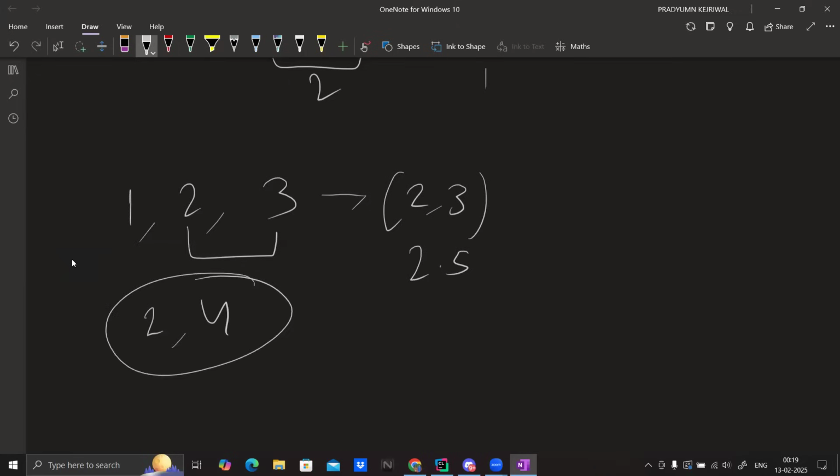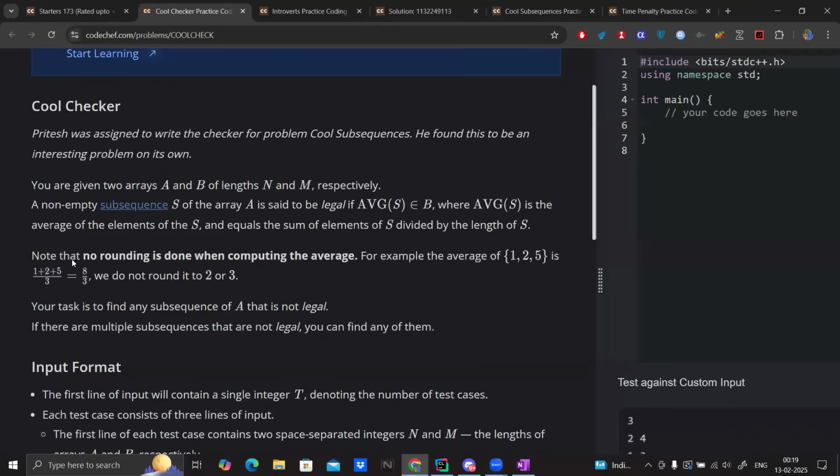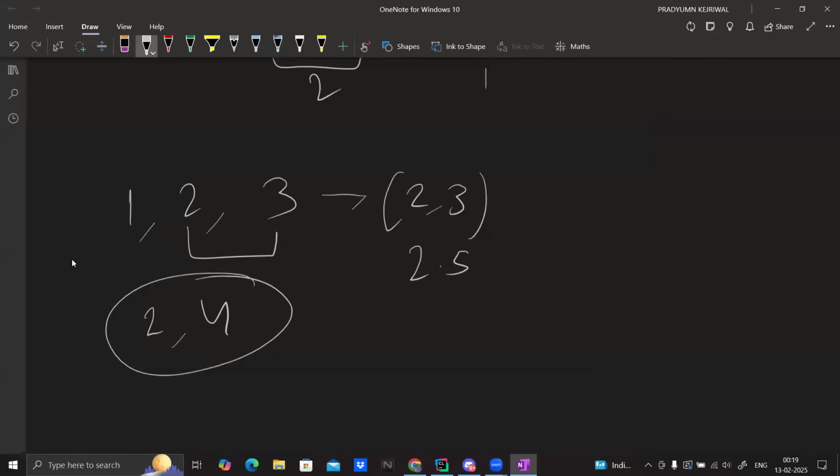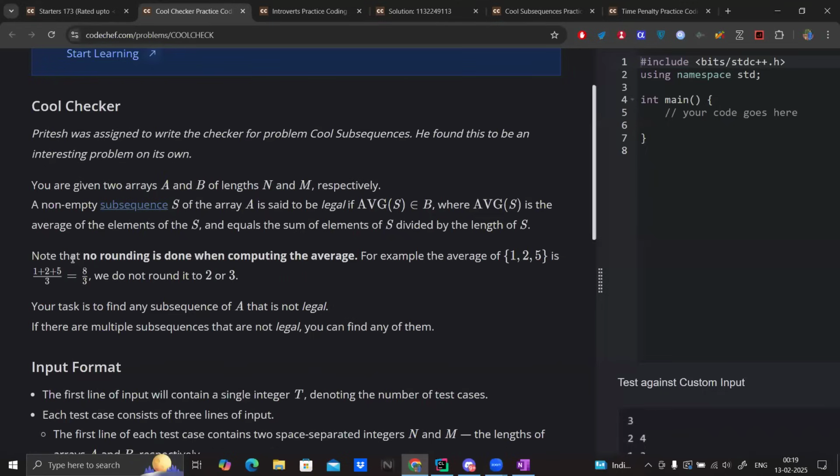Okay, so let's say if we take 2 comma 3 as a subsequence. If we take that, then the average is 2.5, which does not lie in B. Okay, so that is the question here. And if there are no subsequences that don't have average in B, then we just print -1.